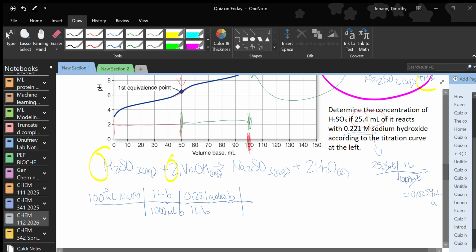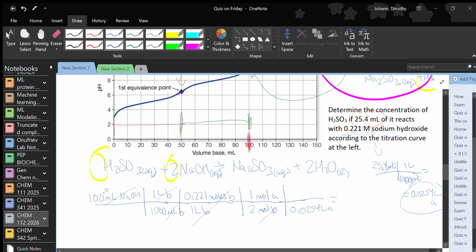So if I have 2 moles of base, then I have 1 mole of acid. Then I have my liters of acid, 0.0254 liters, since we converted it. So milliliters of base, liters of base, moles of base, moles of acid over liters of acid gives me the molarity of the acid.